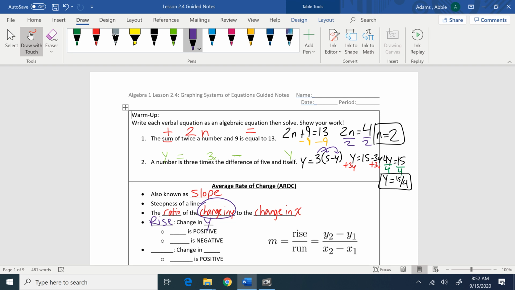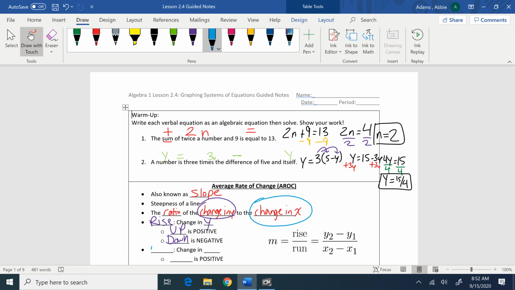If you're thinking about a coordinate plane, anytime you move up or to the right, those are positive motions. Anytime you go down or to the left, those are negative motions. So if we're talking about rise, up is positive and down is negative. So with rise, you also have run. That's going to be your change in x. That's how you go from left to right. You're moving in a horizontal motion here.